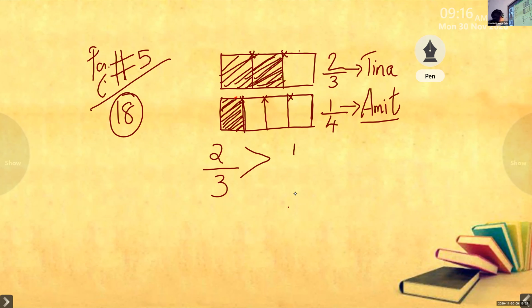This we can see from the picture itself. 2 by 3 is shaded this much part, and 1 by 4 is shaded only this much part. So 2 by 3 is greater than 1 by 4. Therefore, who ate more? Tina ate more pieces of apple than Amit.